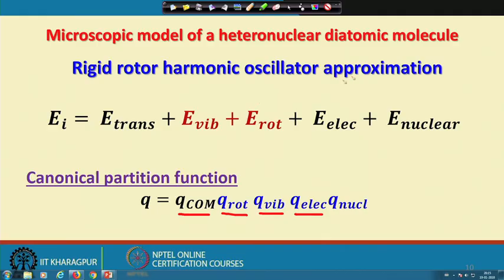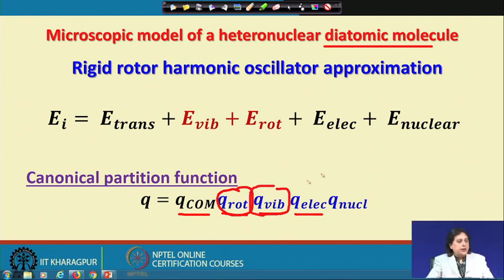So, therefore, in the diatomic molecule case, the important thing that we are going to show you here is how to calculate q rot and how to calculate q vibe. Okay.